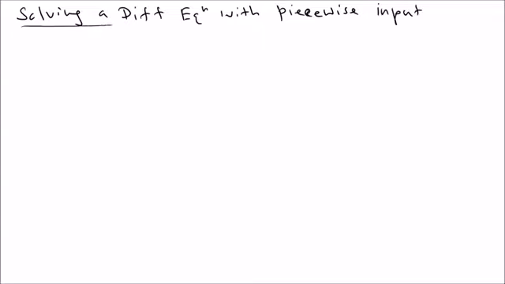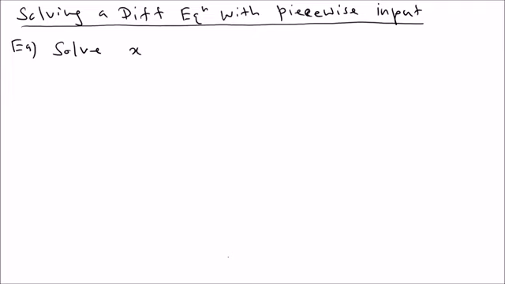The example is this. Let's say x double prime minus x prime minus 2x equals f(t), along with x(0) equals 0 and x prime(0) equals 0, just to make things easy.